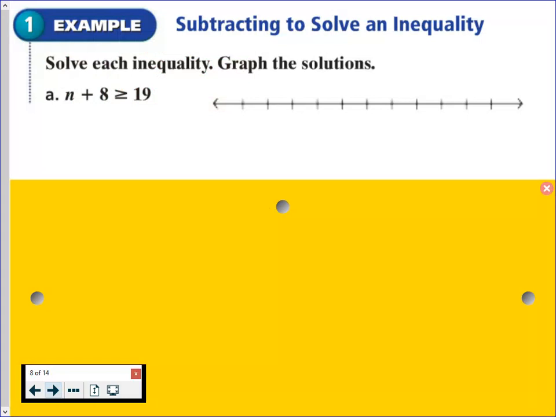If you look at that first box, very similar. There's n. What's next to n? Plus 8. What should we do? Subtract 8 on both sides.